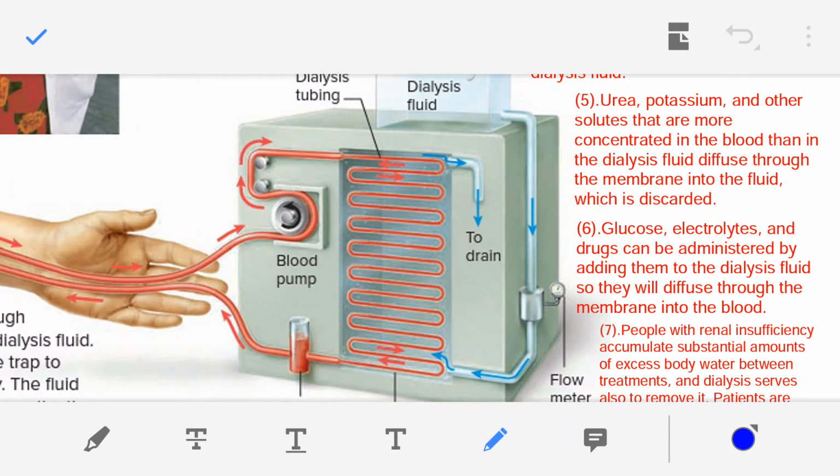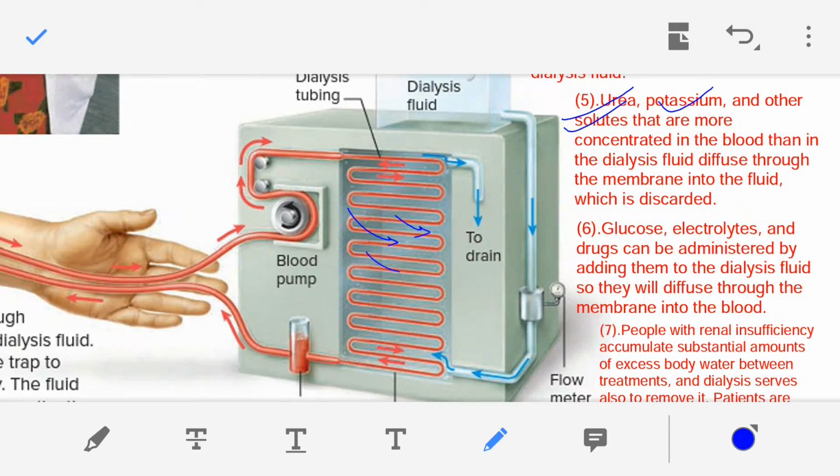Now from the patient's blood, urea, potassium and some other solutes, which are present in high concentration in the patient's blood, can diffuse from the blood and enter into the dialysis fluid.